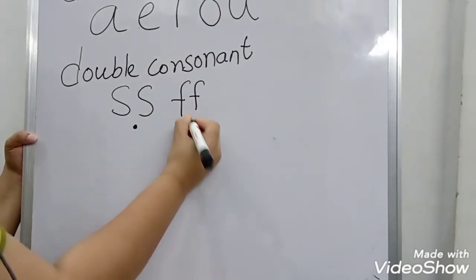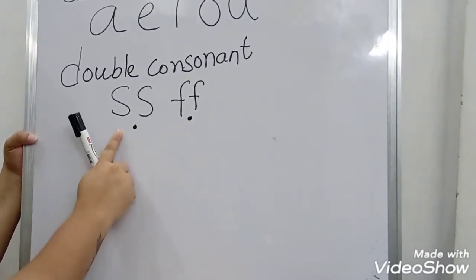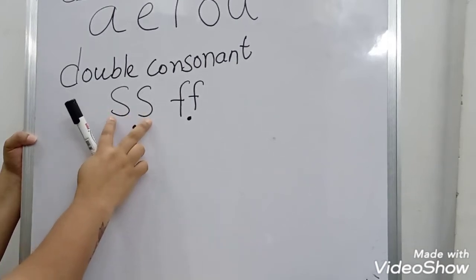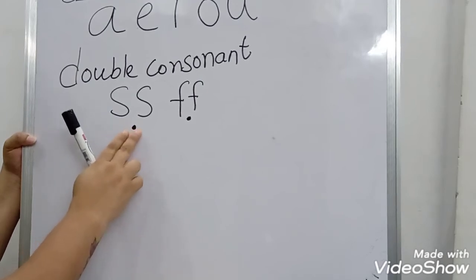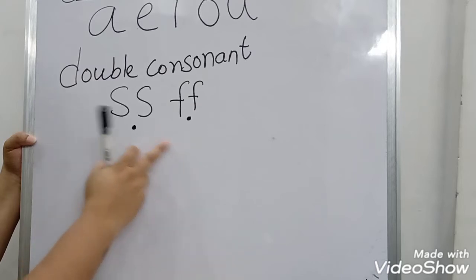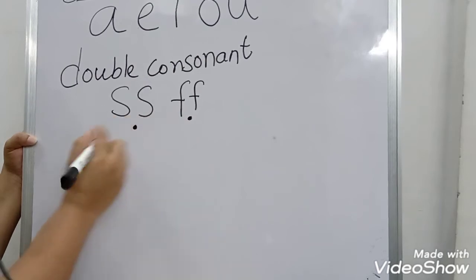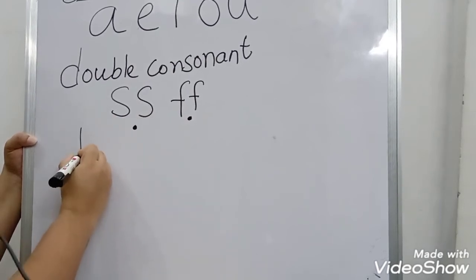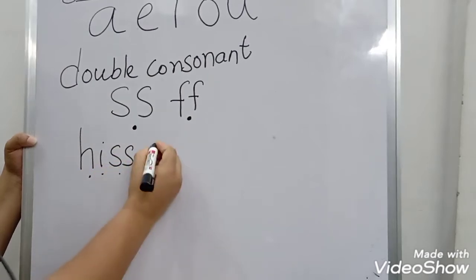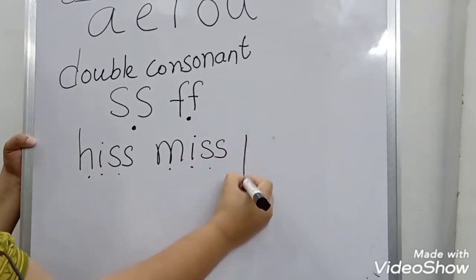If you have seen yesterday's video where we did the blending in the book, I told you that if two same letters, whatever letter it is, make the same sound and are next to each other, you have to read the sound only once, like S. The words in the book are hiss, miss, puff.